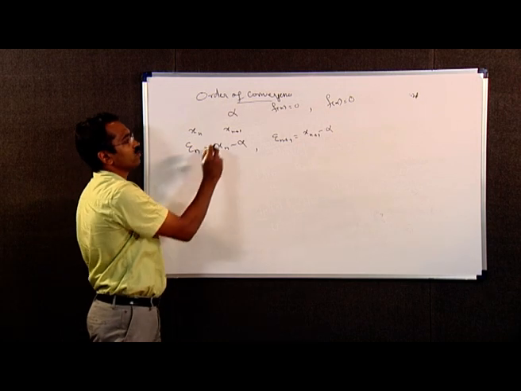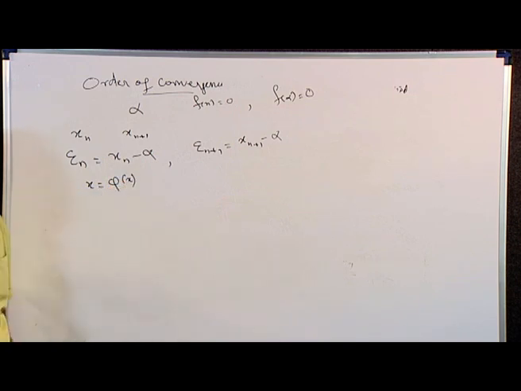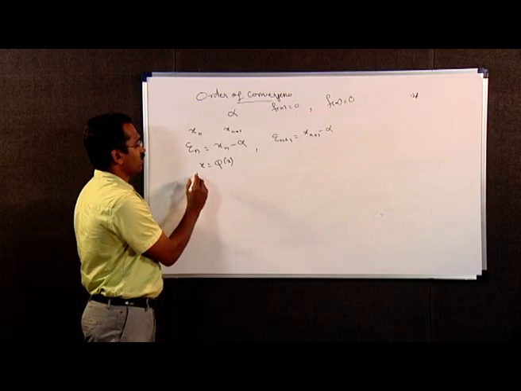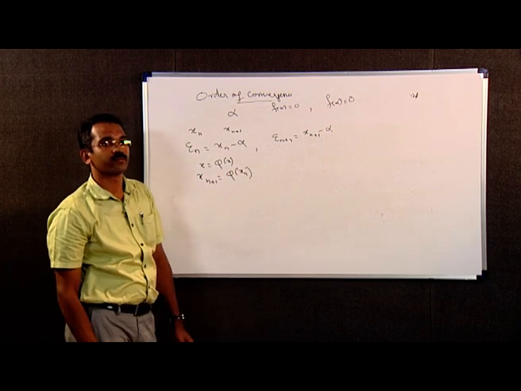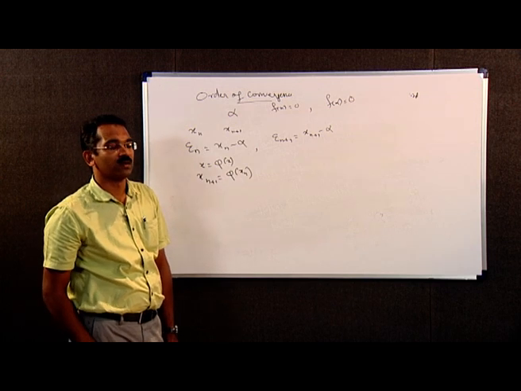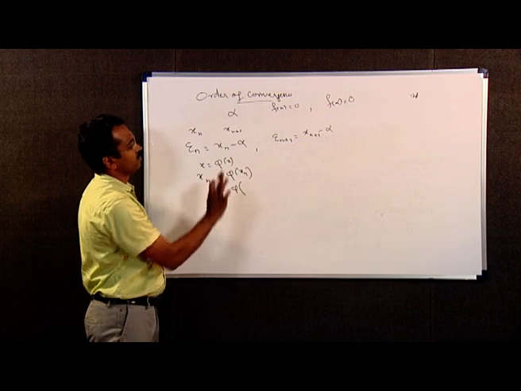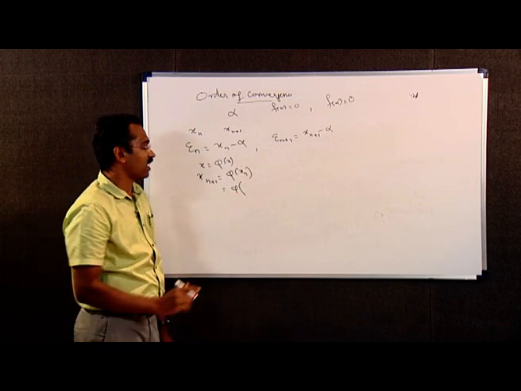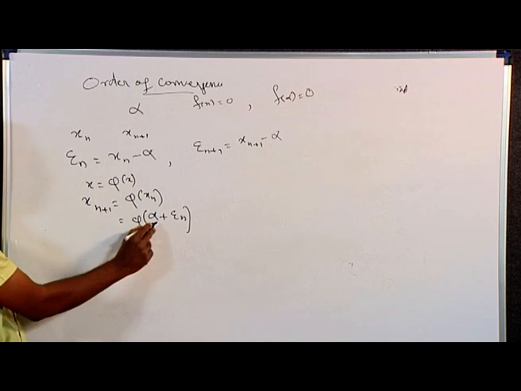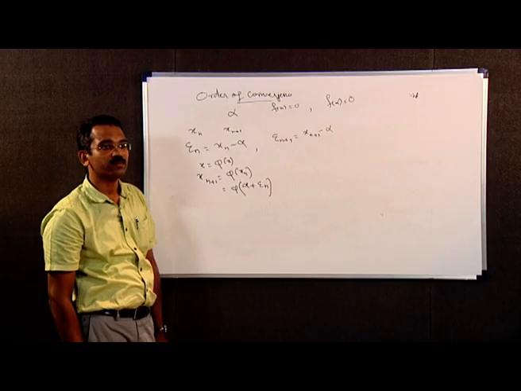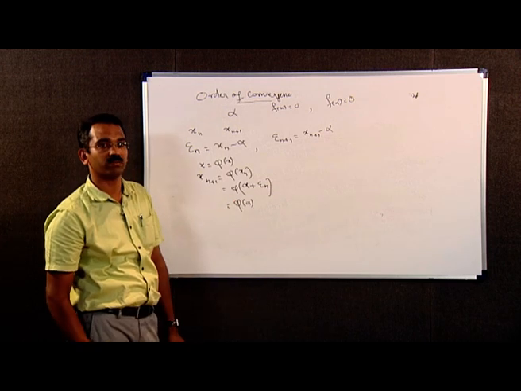If f of x equal to 0 is expressed as x equal to phi of x, we can write x n plus 1 is equal to phi of x n in general. That is equal to phi of x n is phi of alpha plus epsilon n. Here we use Taylor's theorem.